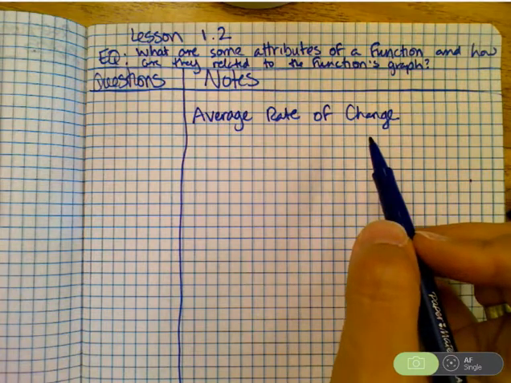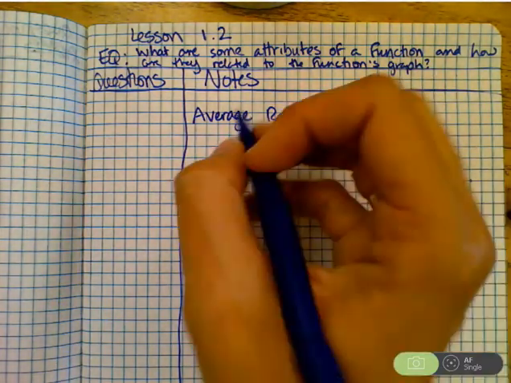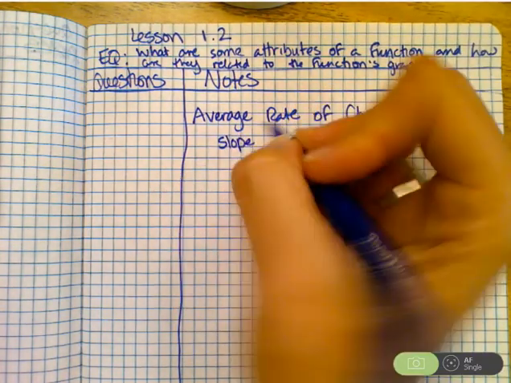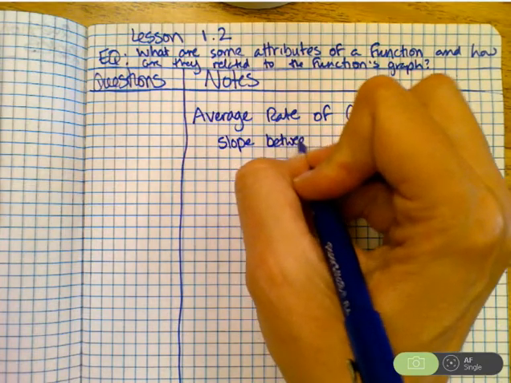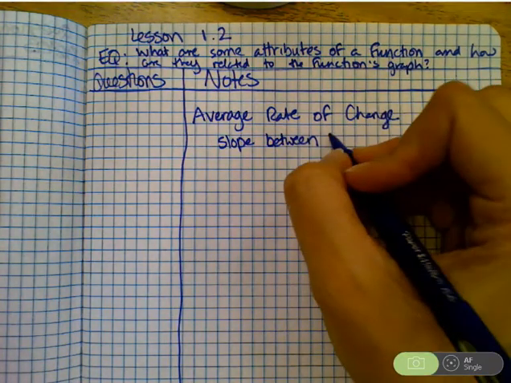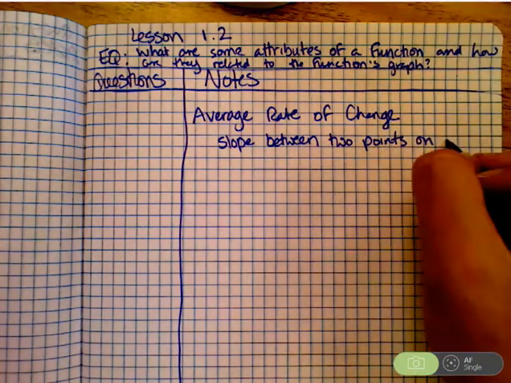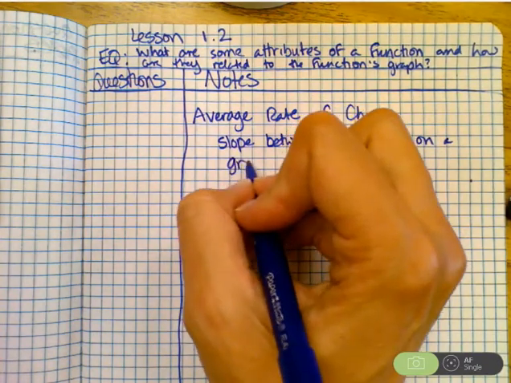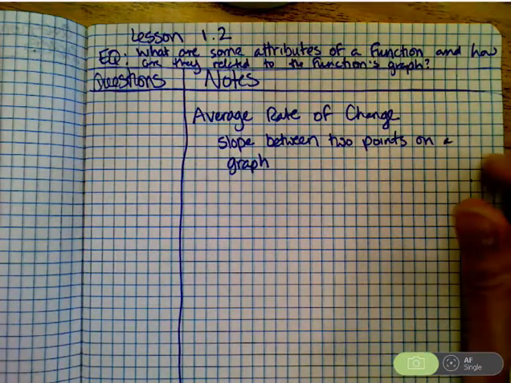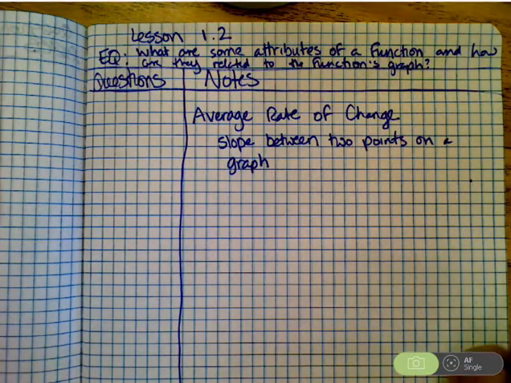When we're looking at complicated graphs, we're looking at the slope between 2 points on a graph. So you'll need a graph, or you'll need coordinates to do this, and you always need 2 points or 2 spots on the graph when you're looking at the average rate of change.